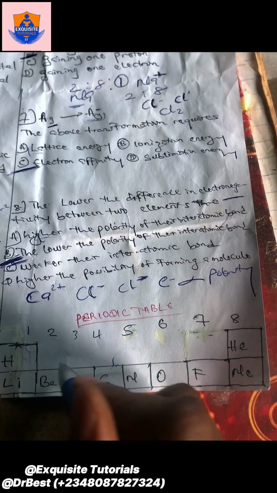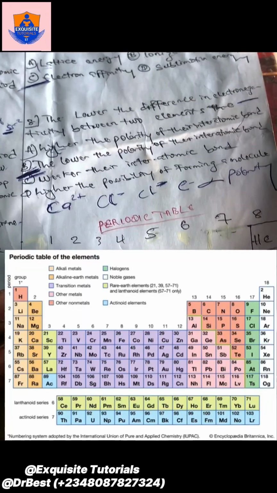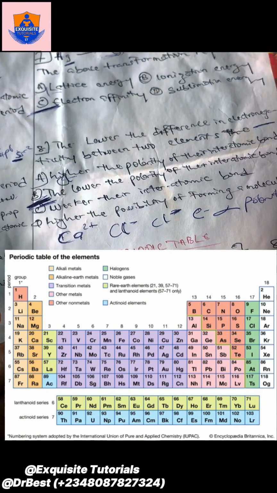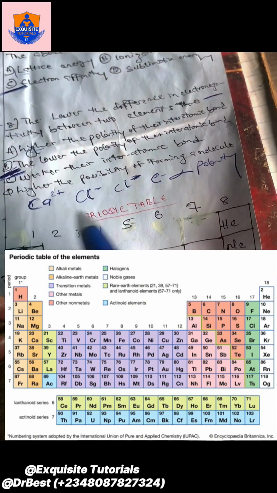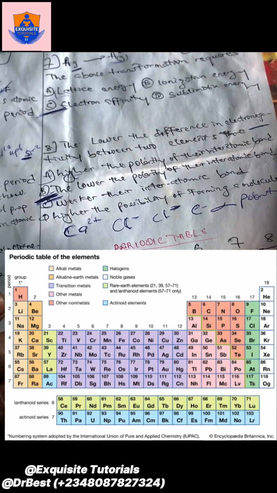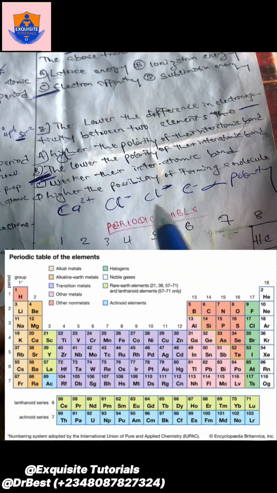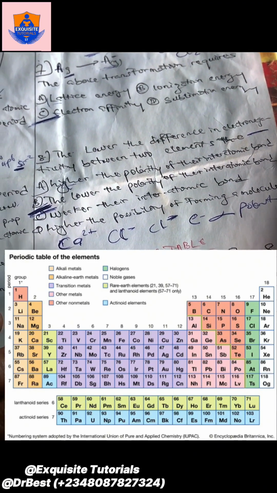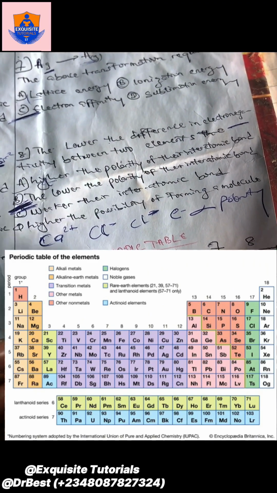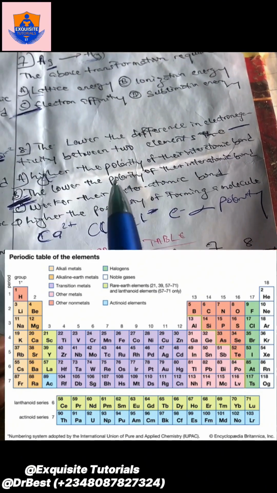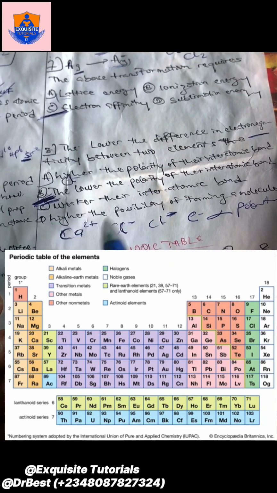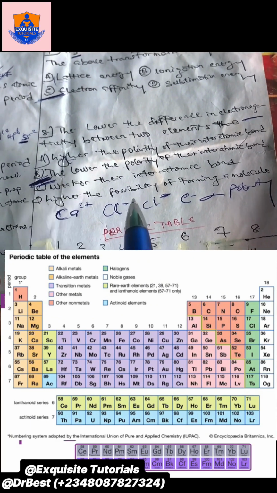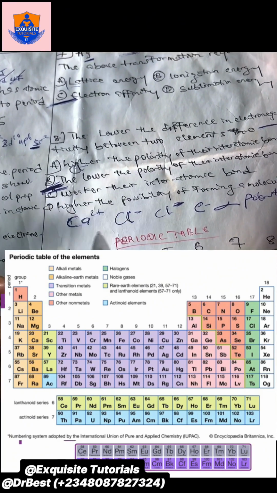So here is a picture of the periodic table. I want you to take note of all these things and ensure that you understand everything I'm saying. Take note of electronegativity difference. Take note of all the groups in this periodic table, and as well take note of some of the things we have discussed: ionization energy, electron affinity, and characteristics between periods and groups.